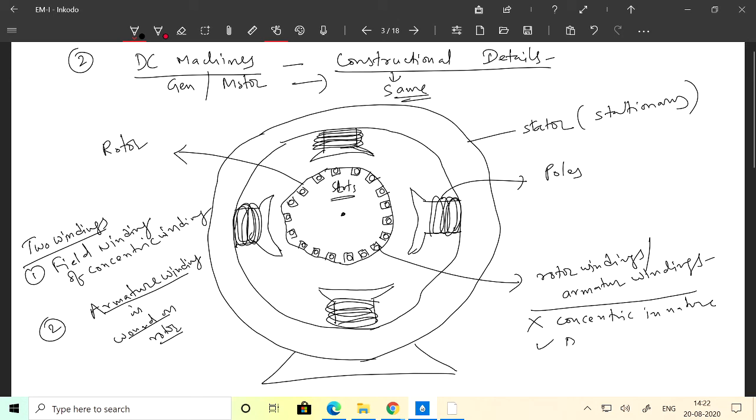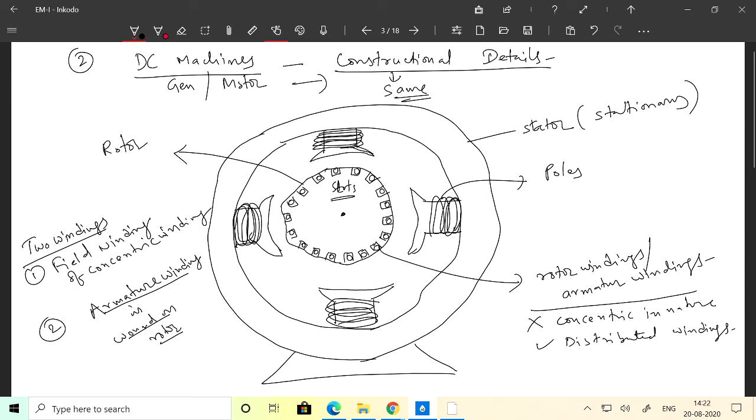They are distributed winding. Okay, so armature windings are distributed in nature, and field windings are concentric in nature.